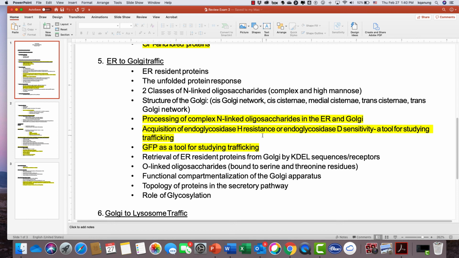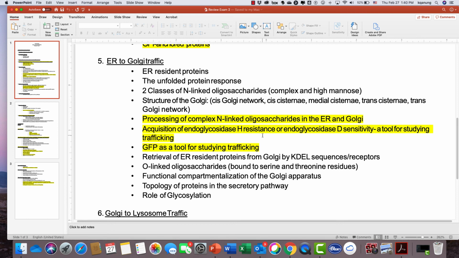So remember that. Suppose this is the medial Golgi; after it passes the Golgi, it becomes sensitive. That's why the molecular weight is low. This will be entirely opposite if it is like this. Before it passes the medial Golgi, it becomes endo H sensitive. Before it passes, it can cleave. Once it passes, it cannot.